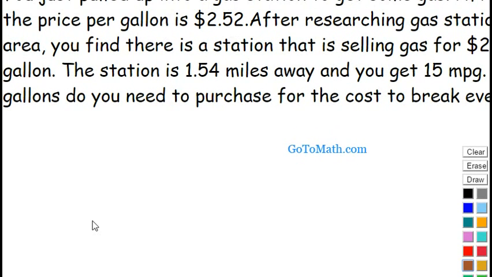Price per gallon. All right, so the gas station, we'll just call this the cost for gas station A. Is equal to your cost of the station you have pulled up into is going to be $2.52 times x, and we'll let x be the number of gallons that you purchase, okay?